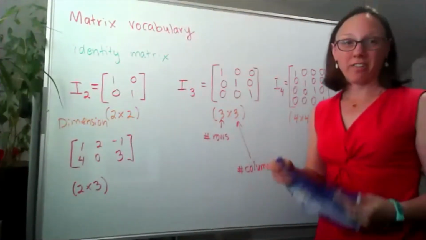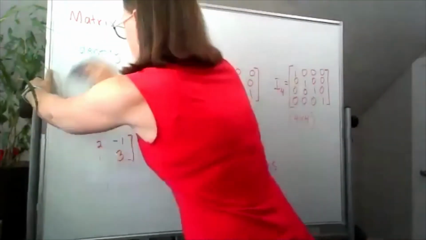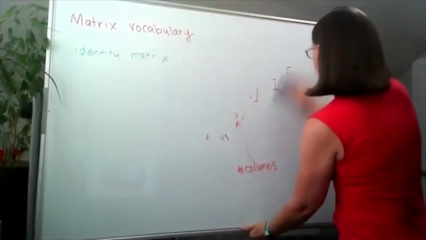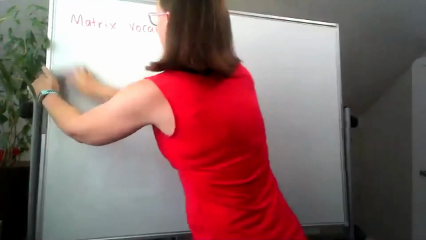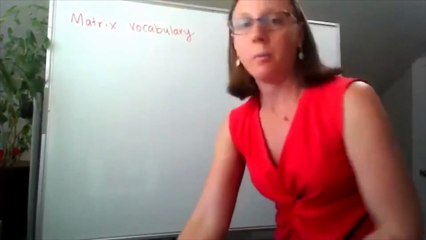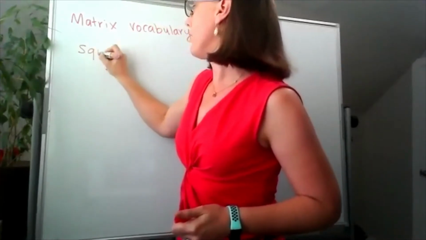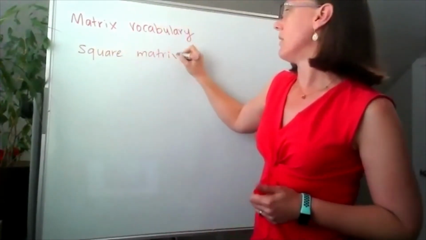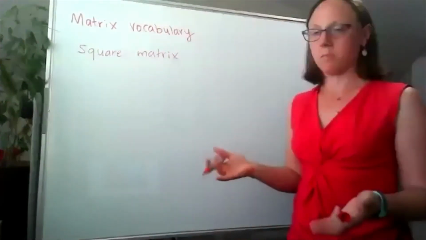Next vocabulary thing for matrices that I want to bring up. A couple other things that came up in class today. A square matrix is any matrix where the number of rows equals the number of columns.